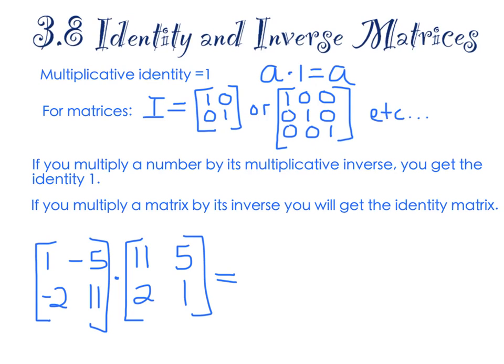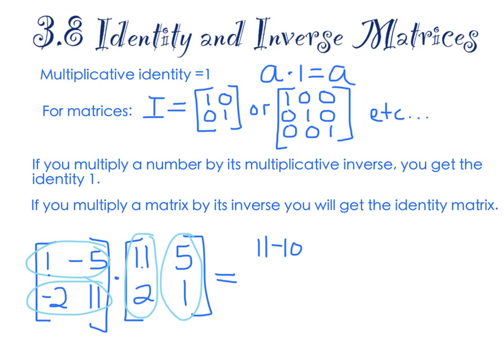I'm going to take these two 2 by 2 matrices, and I'm going to multiply them together. So remember, we're going to go across and down, across and down. We go 1 times 11 plus negative 5 times 2.